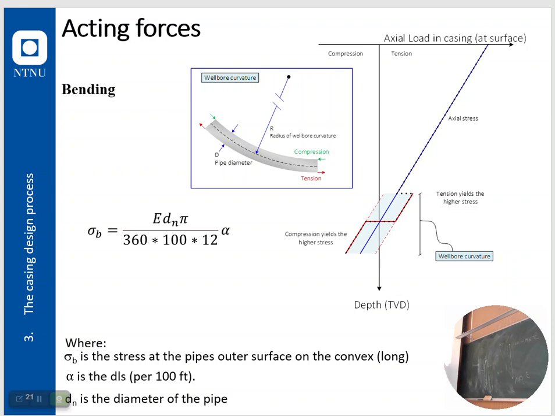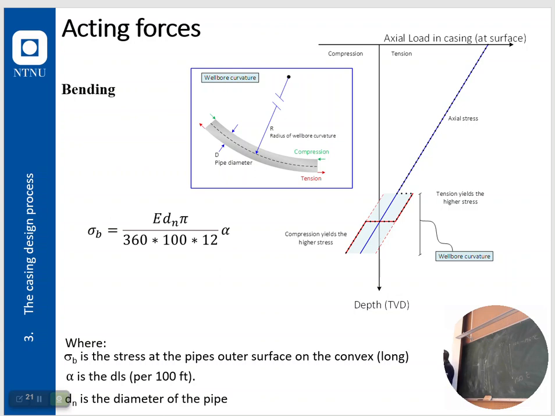Surface weight is up where the blue line intersects the horizontal axis, and going down, the tension reduces. It becomes zero at this point where it crosses the vertical line marked as depth, and it's compression where it goes over to the left.